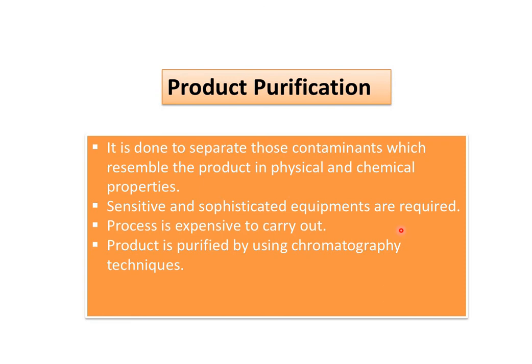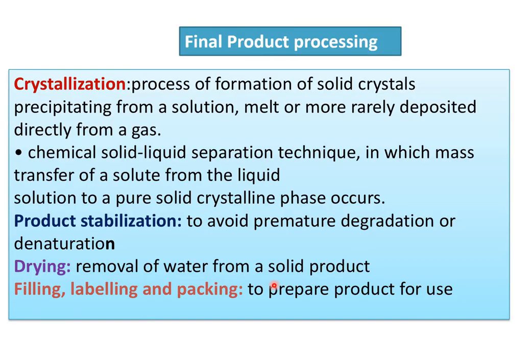Now, product purification is done to separate those contaminants which resemble the product in physical and chemical properties, and very sensitive and sophisticated equipment is used. The process is expensive to carry out. Then the product is purified by using chromatography techniques.